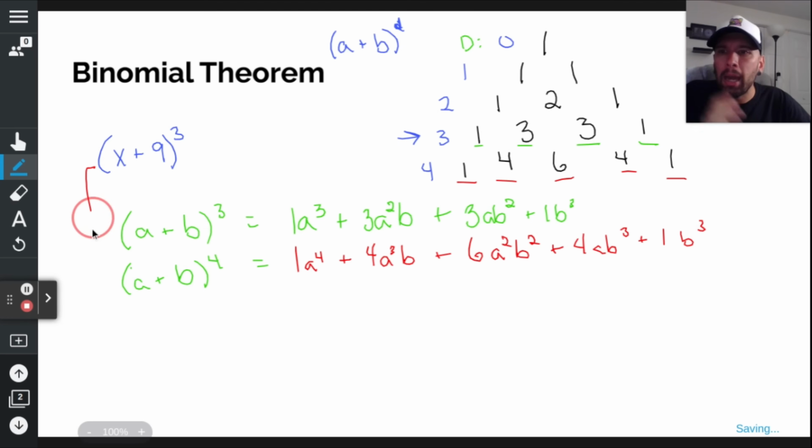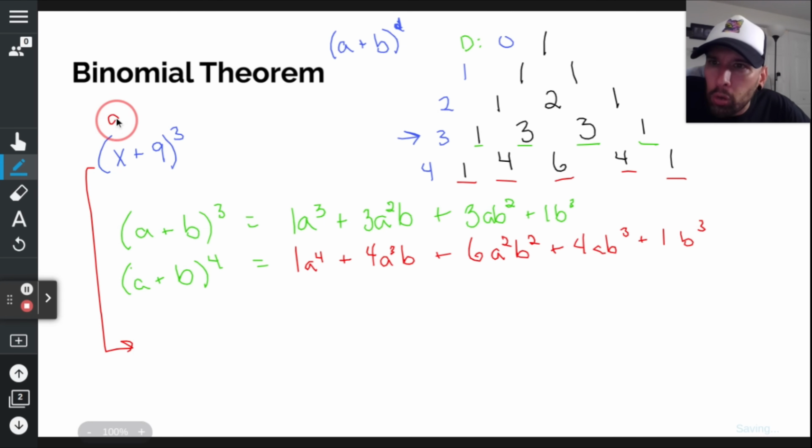Now that takes us back to this one right here. Okay, knowing that we're going to use this, what is that going to look like? Well, I will label x as a and I will label 9 as b. So I shouldn't have used 9. It's too late. I've already committed.